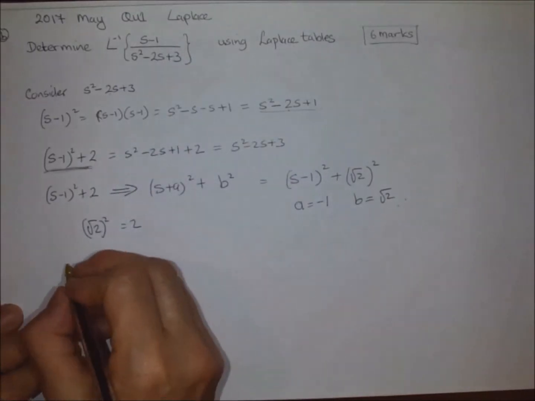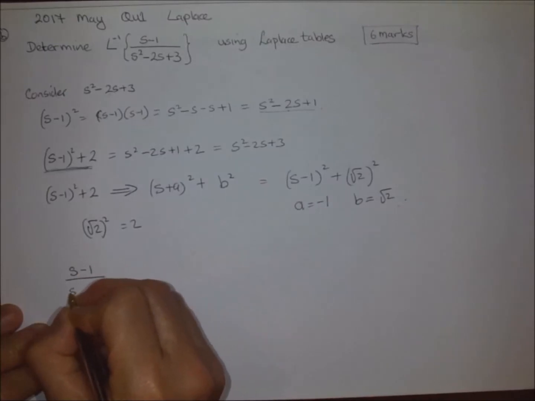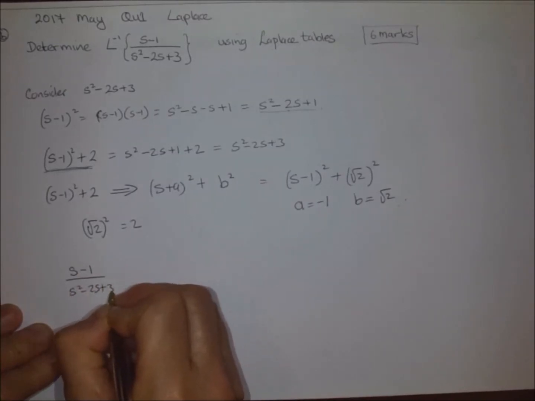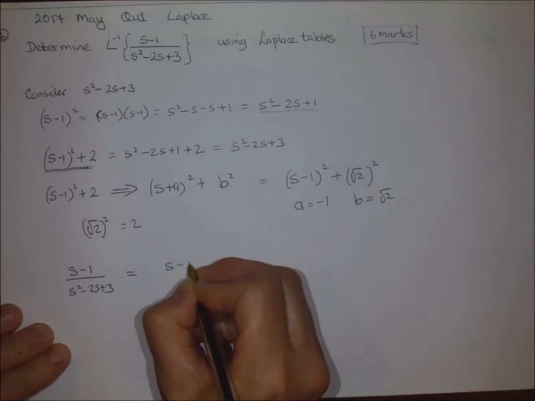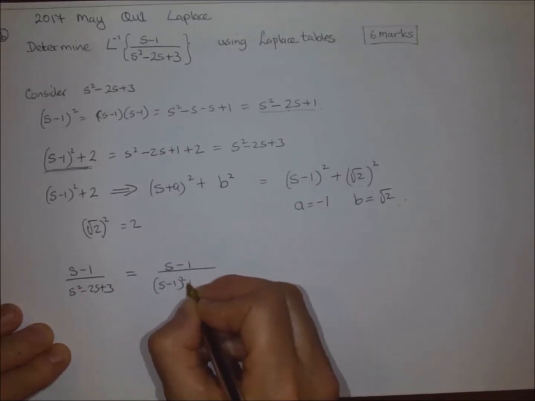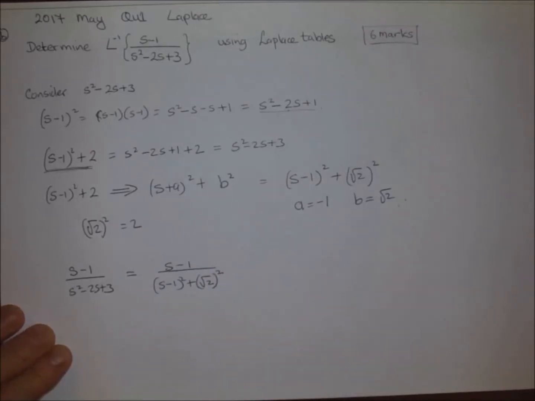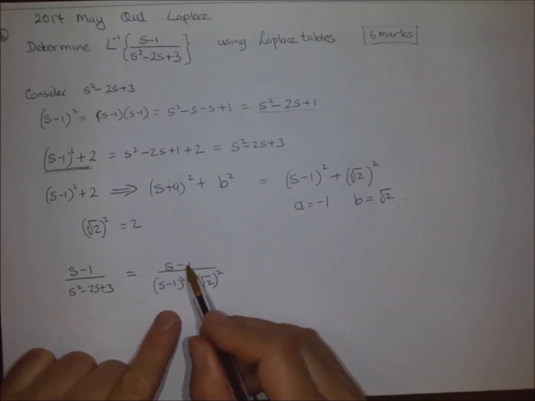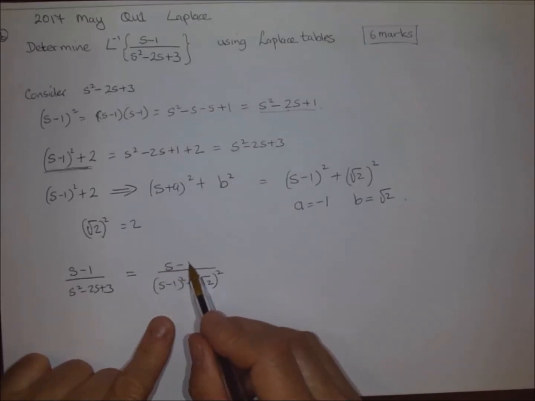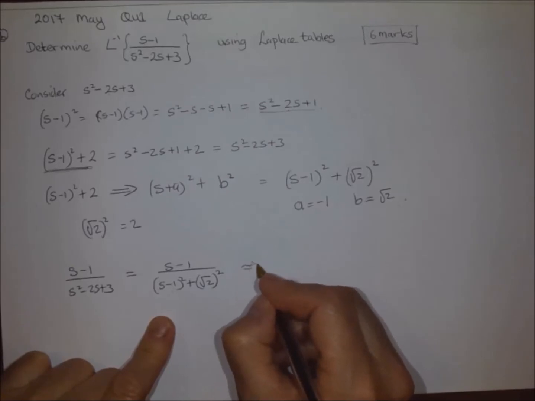So now what we've got is s minus 1 over s squared minus 2s plus 3. Now it looks like s minus 1 over s minus 1 squared plus the square root of 2 squared. But this is like s plus a over s plus a squared plus b squared from the tables, right?